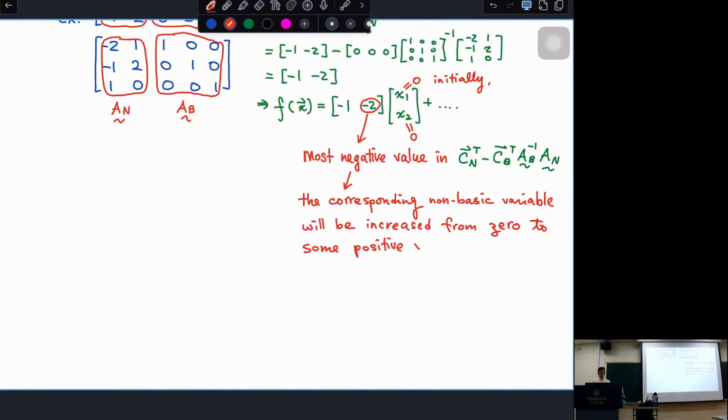That's the goal. So this implies x2 to be increased from 0 to a positive value.